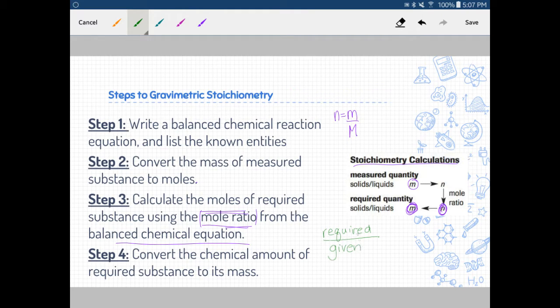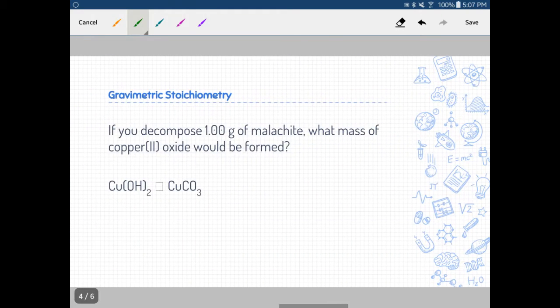Essentially, a required entity is something we are trying to solve for, and a given entity is one that has information that has been provided to us. So I prefer not to use this formula, required over given. I like to think of it as a unit cancellation, but we'll get into that as we look at an example. So let's just jump right in.